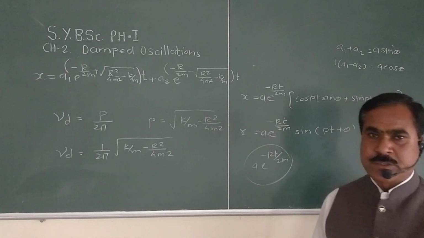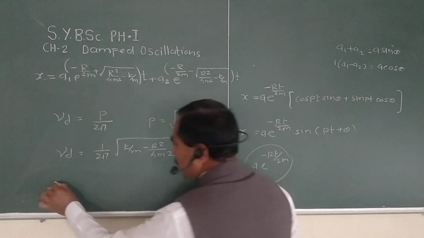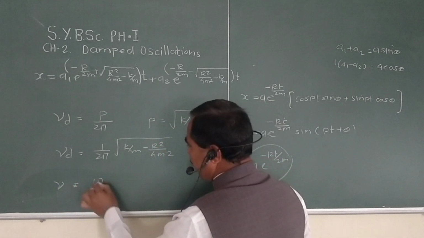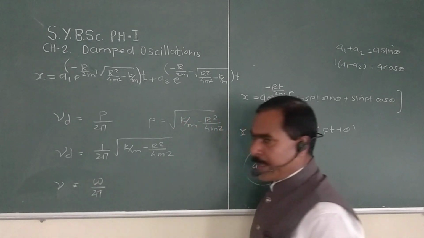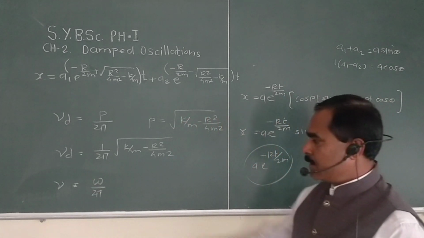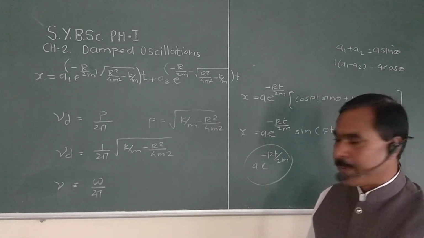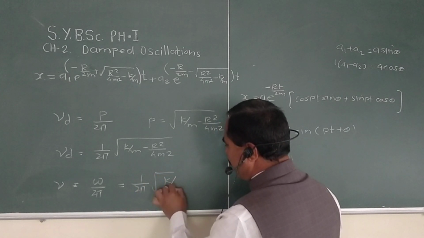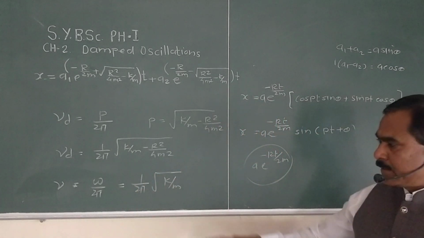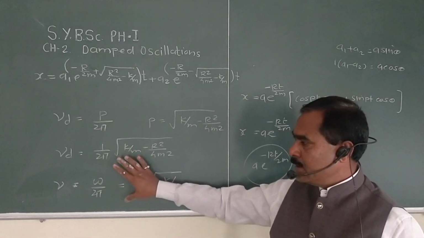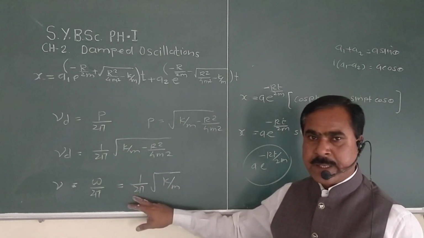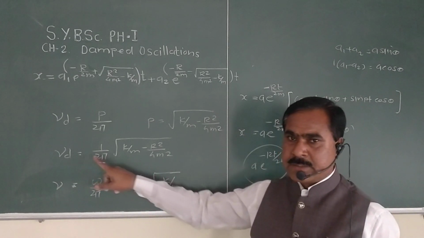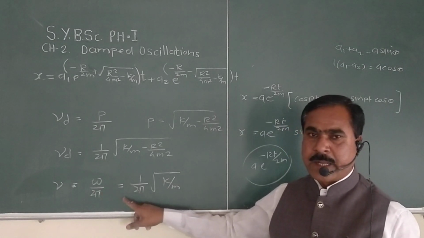Then we write the frequency of the undamped oscillator, that is nu equal to omega upon 2 pi. What is the value of omega? That is root K by M. So this is equal to 1 upon 2 pi root K upon M. When we compare these two frequencies, we say the frequency of the damped oscillator is less than the frequency of the undamped oscillator.